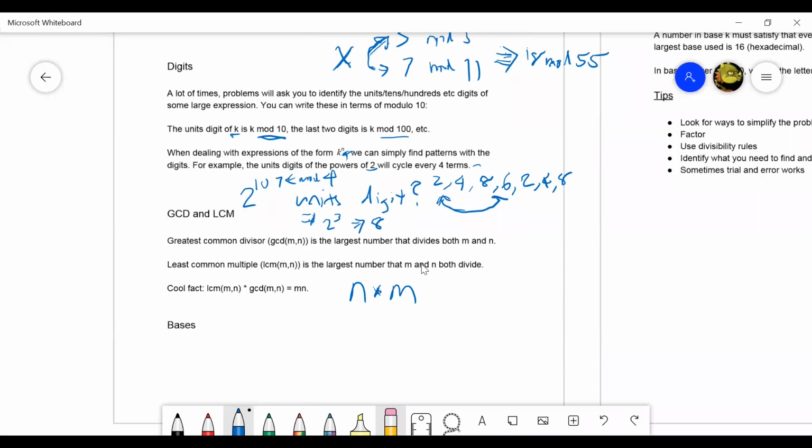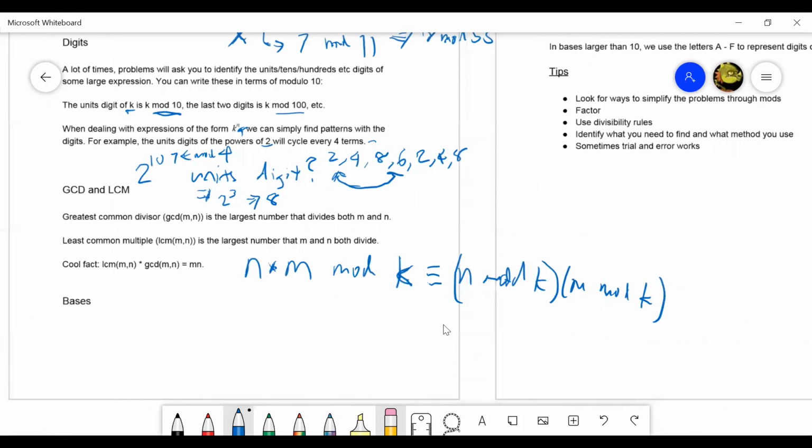N times m mod some number k, for example, these are all variables, is going to have the same value as n mod k times m mod k. So essentially the mod value of the product of two numbers is just the product of each independent mod value. This idea is actually what makes something like the repeating pattern work.